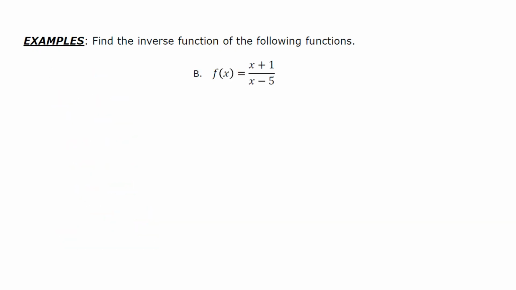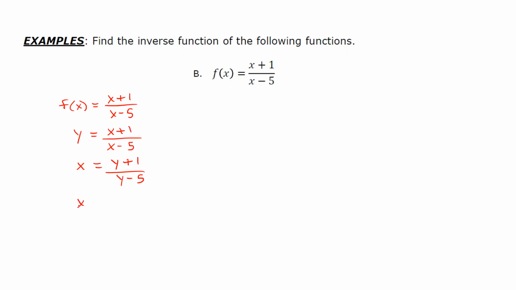Okay, B. So we'll take f of x, and then we will interchange. Oh, before we interchange, we got to replace f of x with y, and then we will interchange. So now we have x equals y plus 1 divided by y minus 5. Then we need to solve for y.